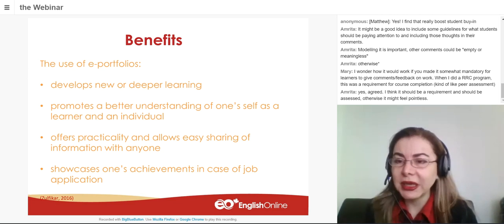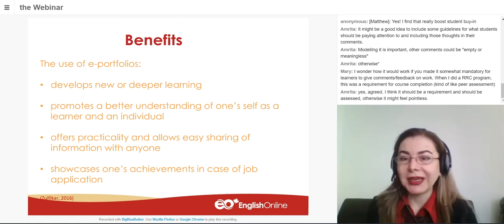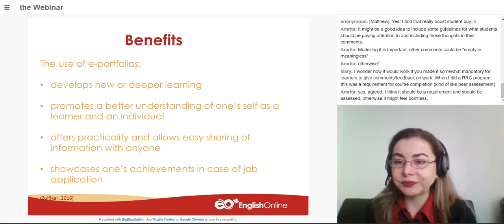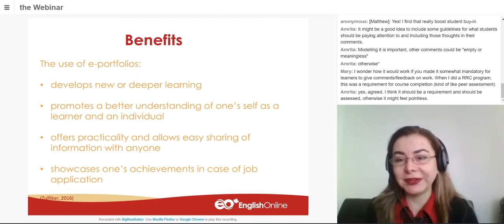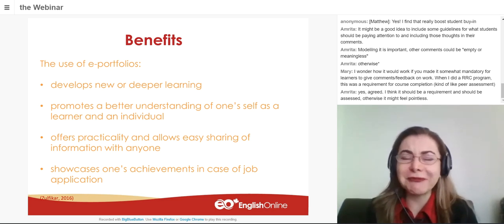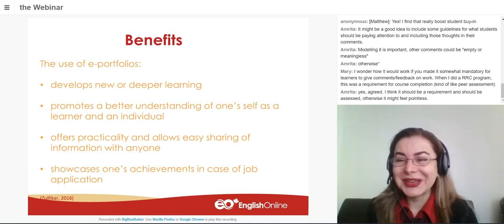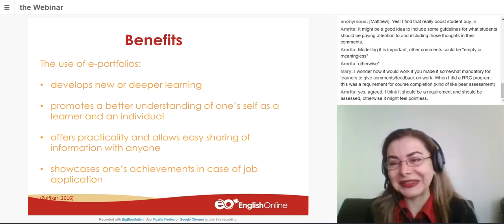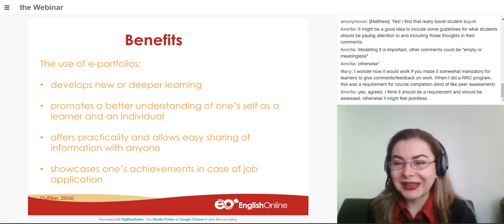So I think that to make it mandatory is somehow not forcing, but sort of encouraging the learners to reflect if they have a difficulty doing that. Because it could be quite challenging to reflect on your own work, right? And maybe for many people, they don't like to do it. So they have to be sort of forced somehow.